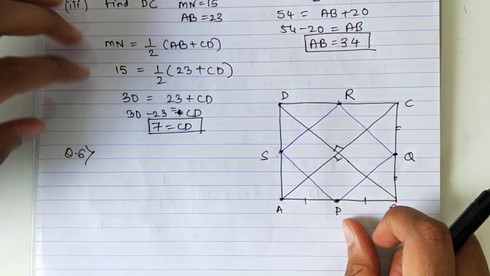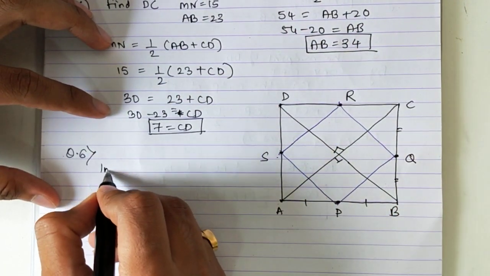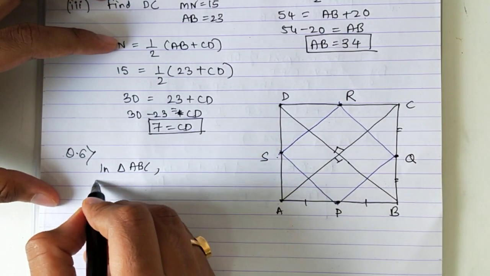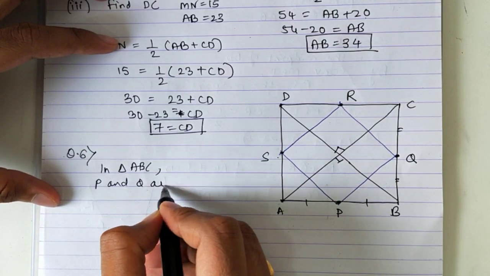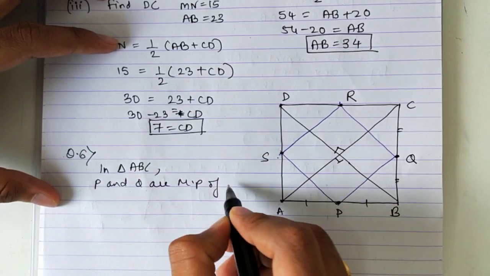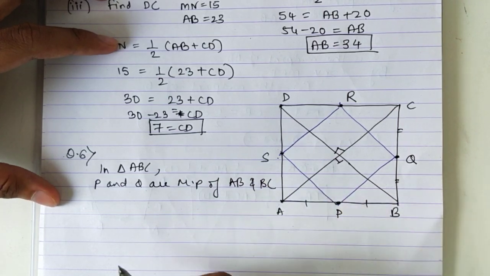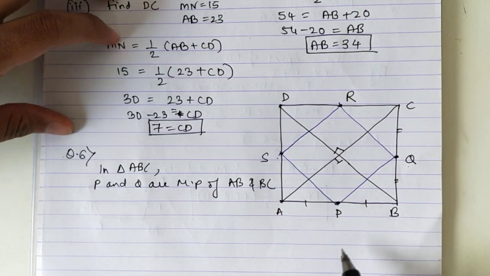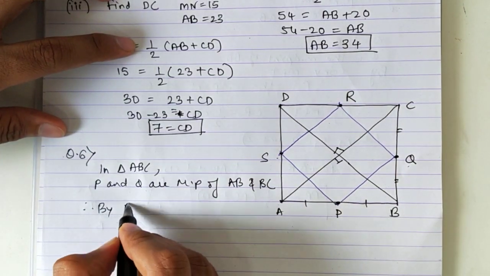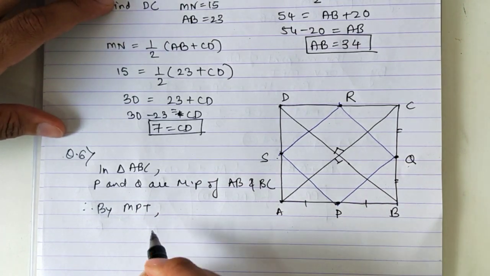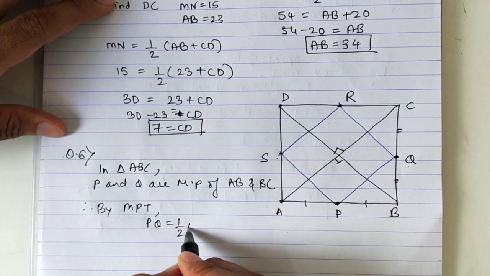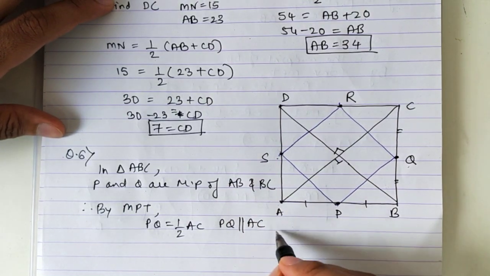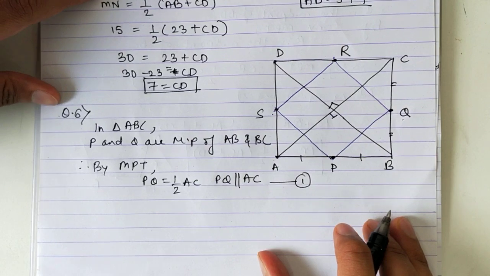So I'll write here, in triangle ABC, P and Q are midpoints of AB and BC. Therefore, by midpoint theorem, PQ is half of AC and PQ is parallel to AC. Okay, let's name this 1.